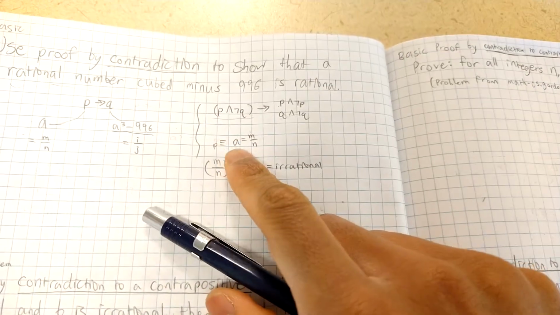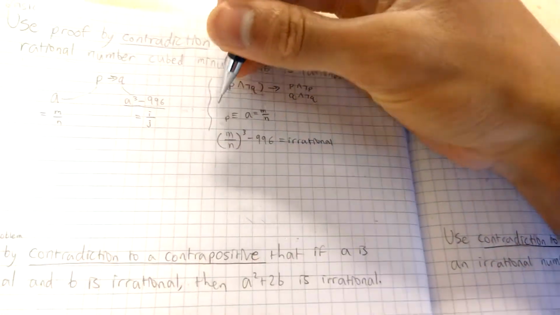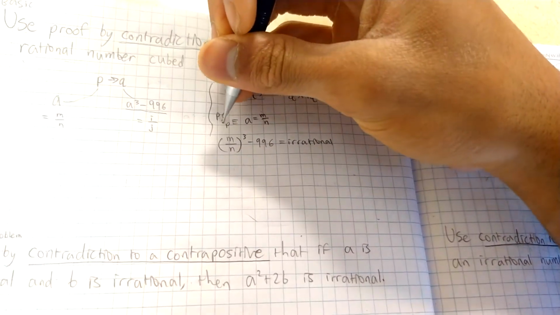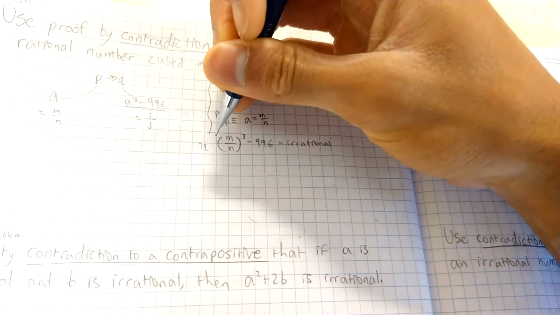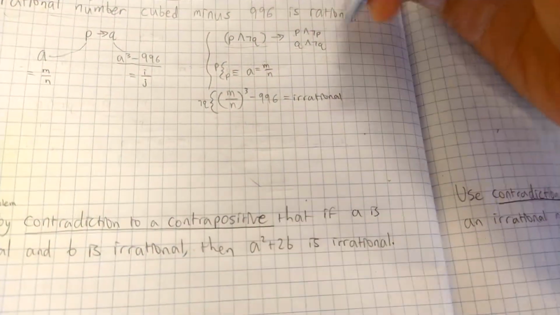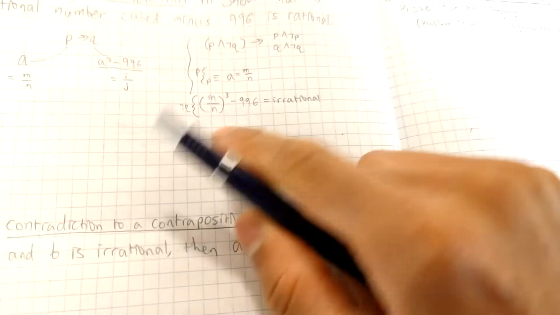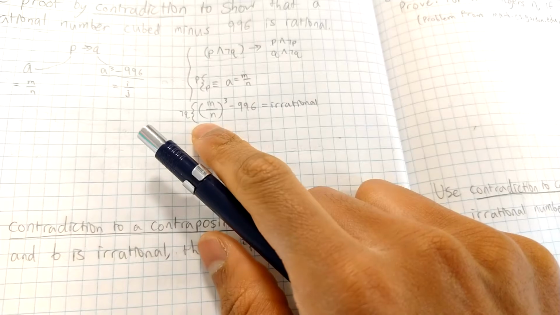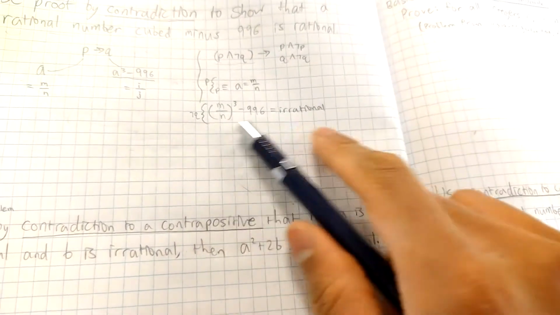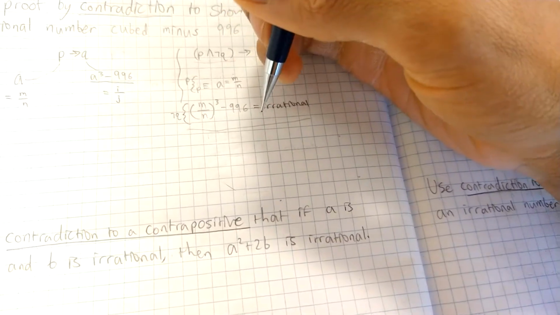So our P is that A equals m over n, and our not Q is this. So to assert P and not Q, we would say that this statement is not Q.